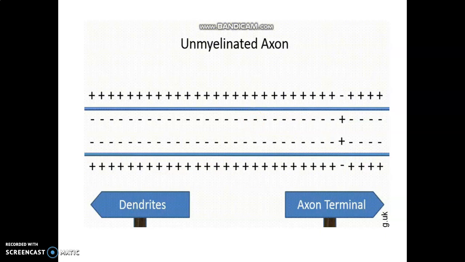Site B is immediately ahead on the axon. That means at site B, the membrane has a positive charge on the outer surface and a negative charge on the inner surface. As a result, a current flows on the inner surface from one side to another. On the outer surface, the current flows from site B to A, to complete the circuit of current flow.